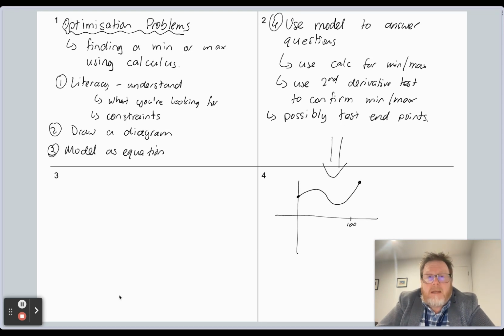And lastly, please don't forget that there is a potential that if you're finding a maximum or a minimum over a restricted domain, the maximum may be at an endpoint, not at a stationary point. And I've got an example of one here. I don't know what the function is, it doesn't matter. Maybe it's a roller coaster ride, and you're asked to find the maximum height of the ride above the ground. And if you use calculus, you would come up with that as a maximum. But remember what I said a few lessons ago, that's actually a local maximum.